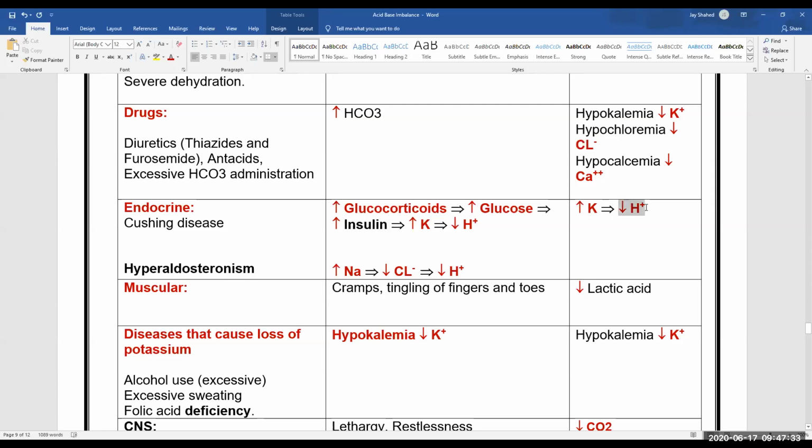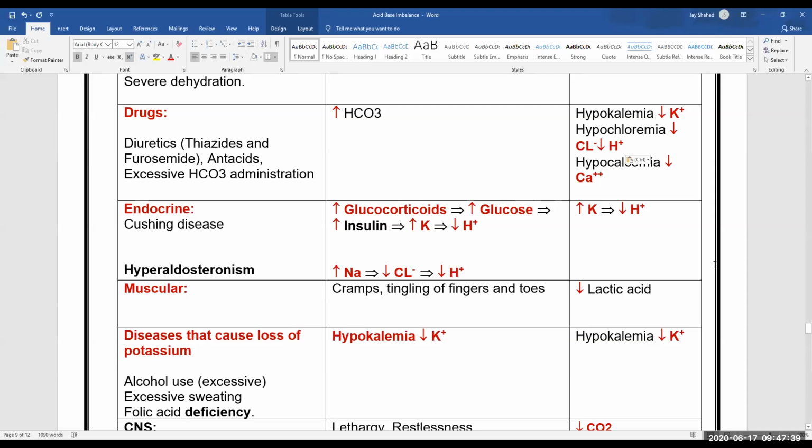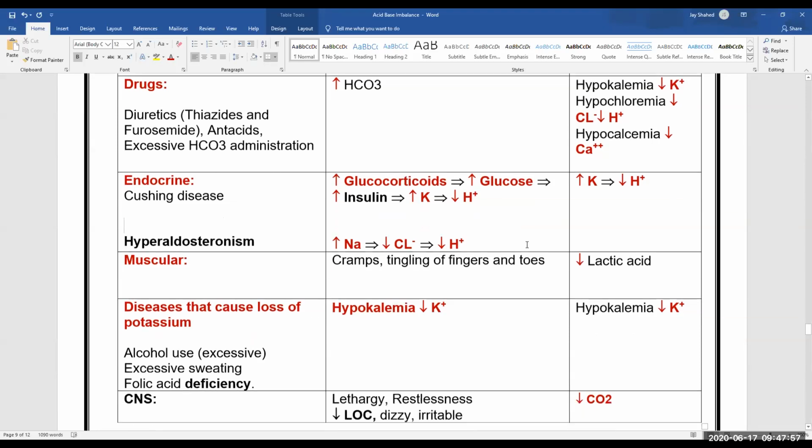So this one is decrease in hydrogen also. Okay, so it's very simple, straightforward mechanism here by understanding what it is, and that would tell you. So hyperaldosteronism, you have increase in sodium, decrease in chloride, in this case, decrease in hydrogen.